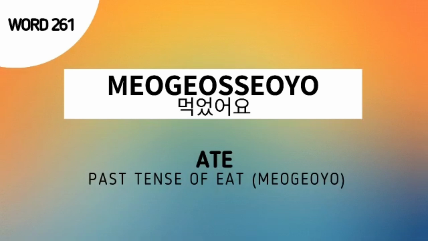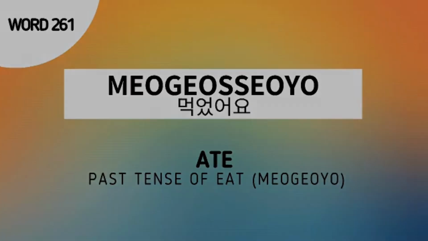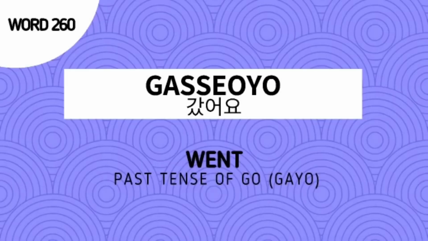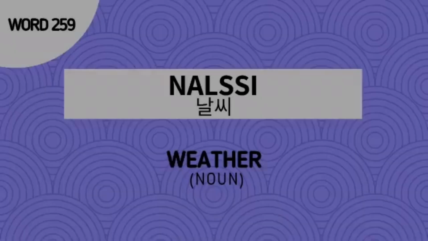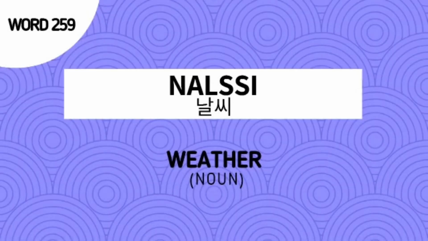Word number 261 is 먹었어요, which means ate. Word number 260 is gasseoyo, which means went. Word number 259 is nalssi, which means weather.